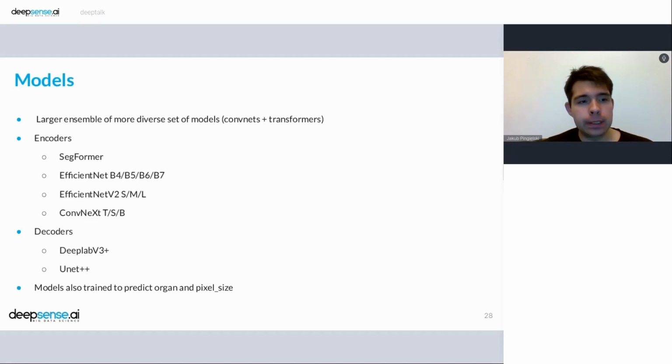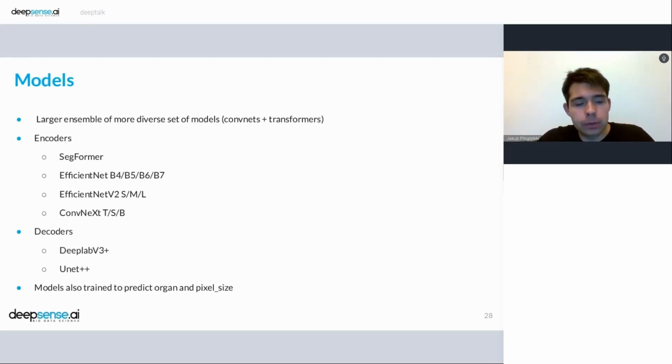And here I have listed some architectures for you to try that were popular amongst many teams. So for encoders, EfficientNet with its many variants is very popular. And for decoders, DeepLab and UNet++ architecture is also quite useful.